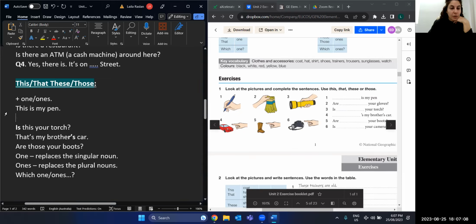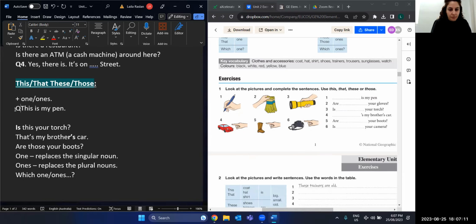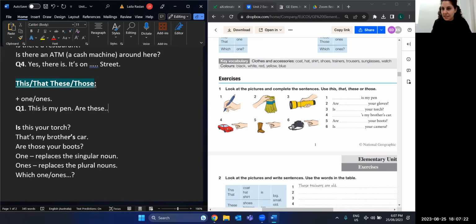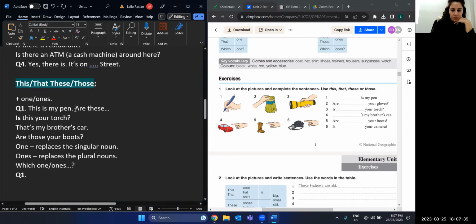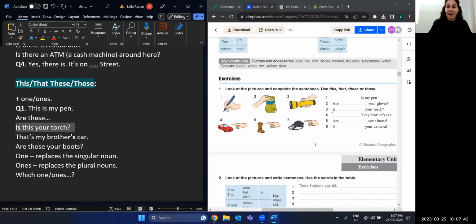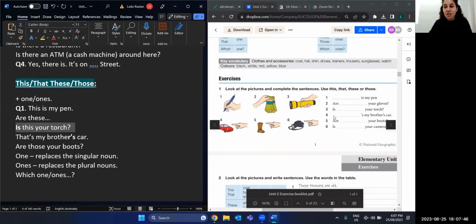Number 2, question. Are these your gloves? Yep. So are these your gloves? 3, is this your torch? So that's that one. With a question, we start with the verb. Remember, this comes from the verb to be, is, am, are. Number 4, it's not a question.